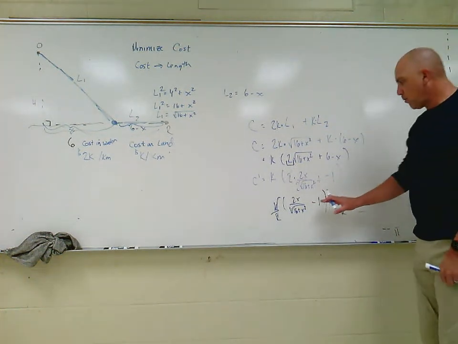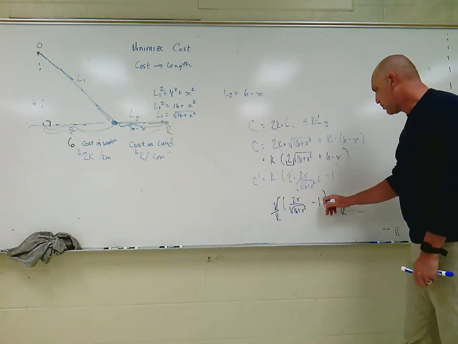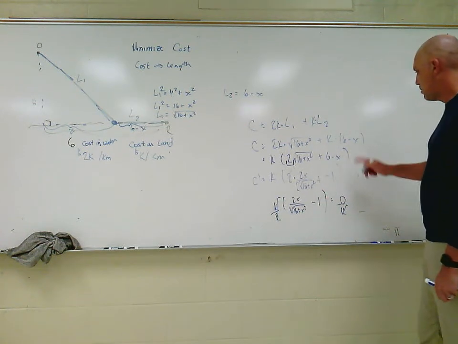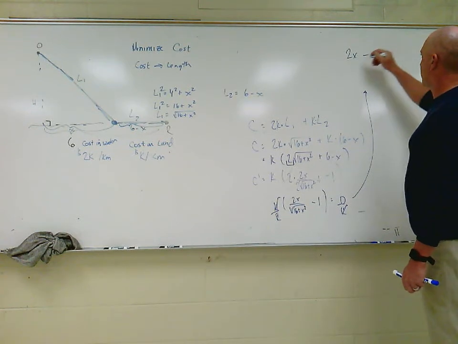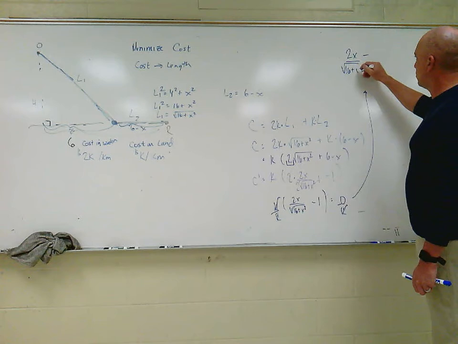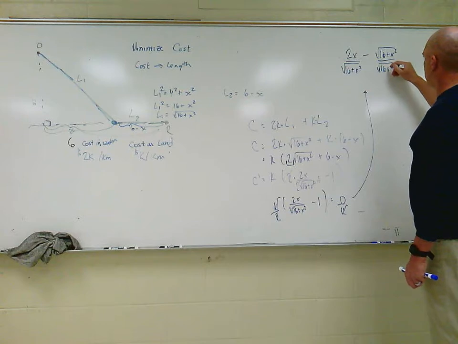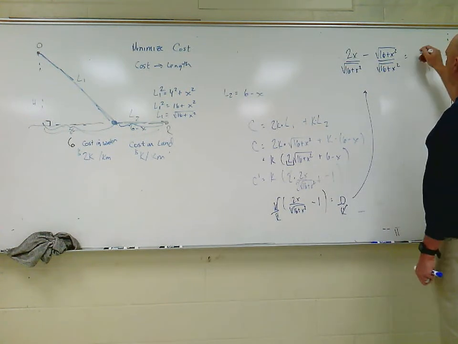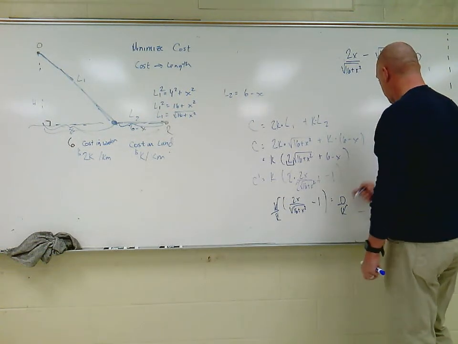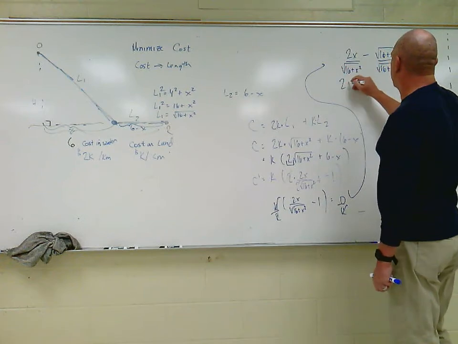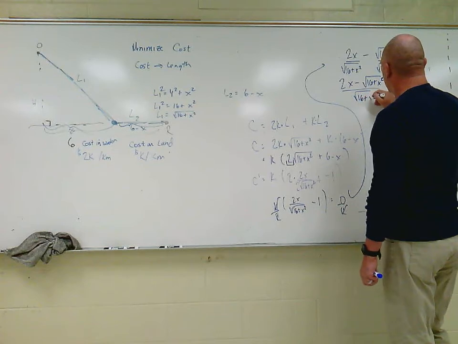Okay. Now remember what I said, when I do derivative, I don't like to leave separate fractions. I would get a common denominator of the square root of 16 plus X squared and make it into one fraction. So I have 2x minus the square root of 16 plus X squared, over the square root of 16 plus X squared, equals 0.